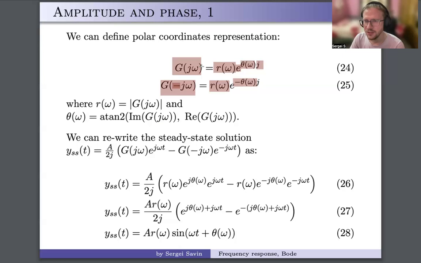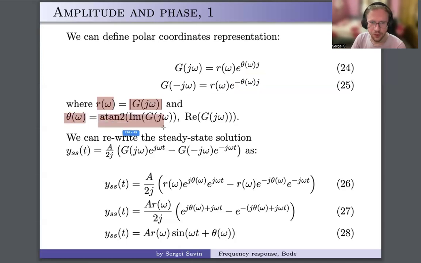So you can see, we used both the first and second factoid already. We changed into polar form, and we noticed that the sign of the phase will change, and the amplitude will stay the same. All right, r of omega here is the absolute value of g of j omega. So the amplitude, right? This phase will be computed like this. Okay, good.